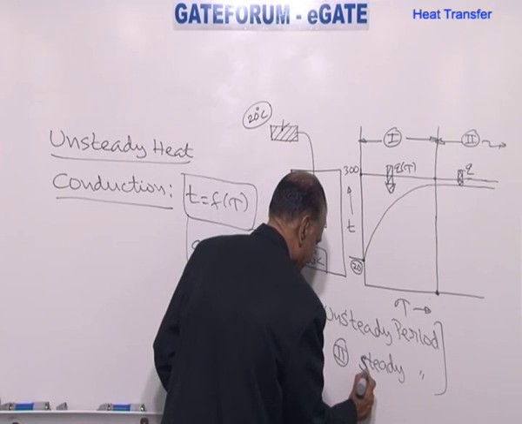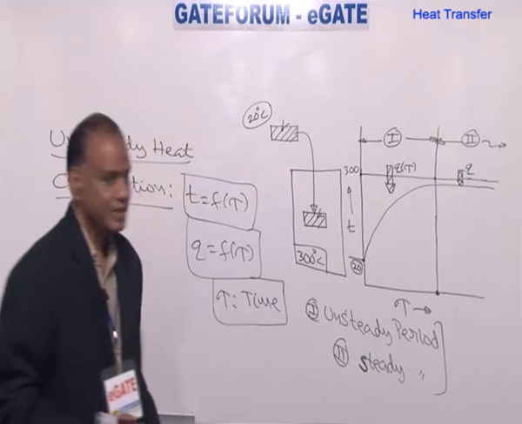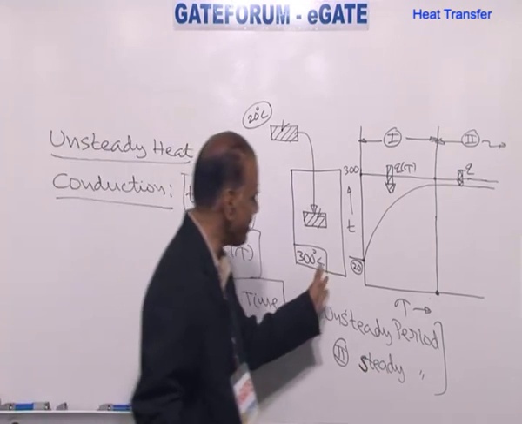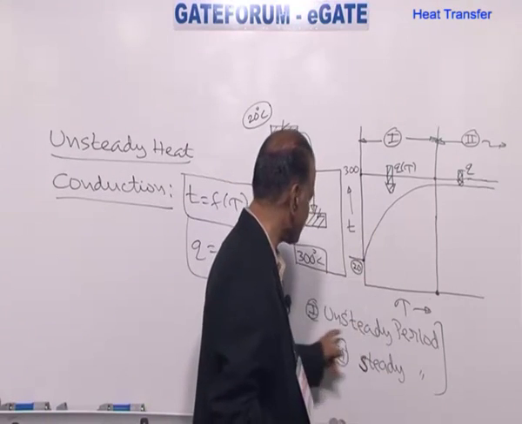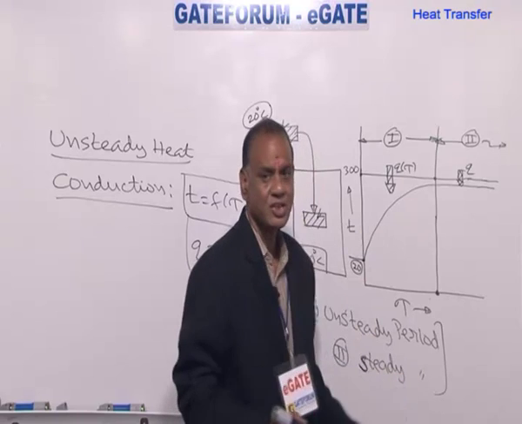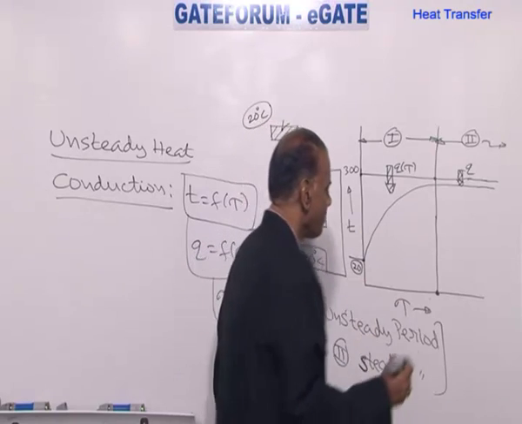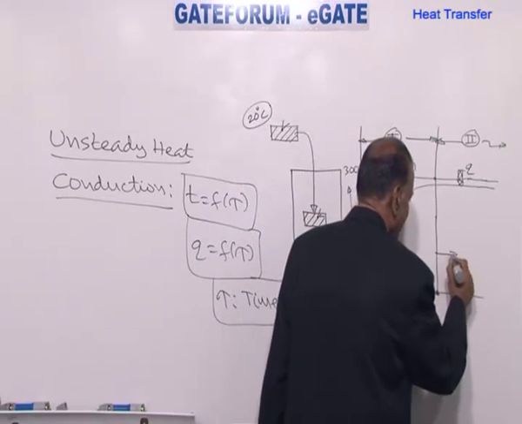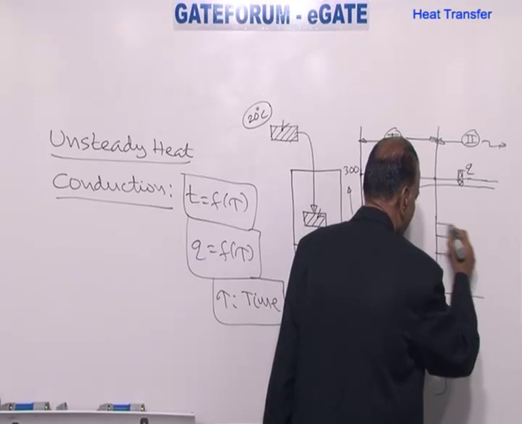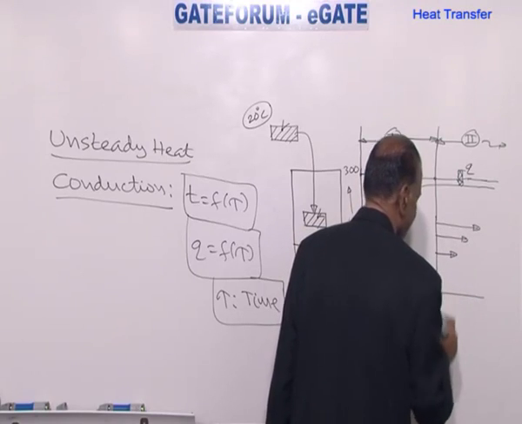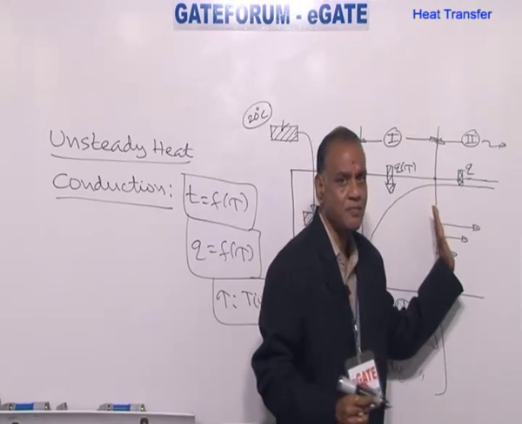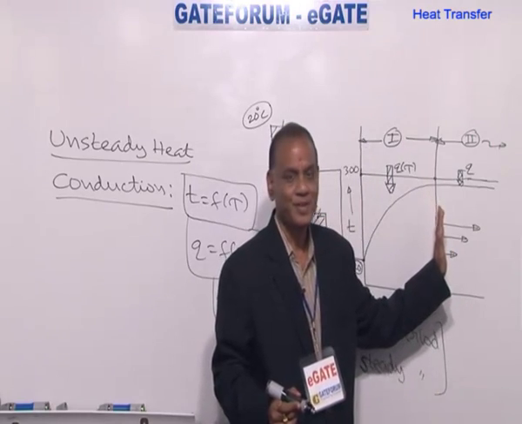Just interchange. In zone 1, temperature is varying very quickly with respect to time, that is unsteady period. Zone 2 is steady period. Which means that for a system to be steady, it must be in the given environment for longer periods of time. Till now, we have waited for this much amount of time.